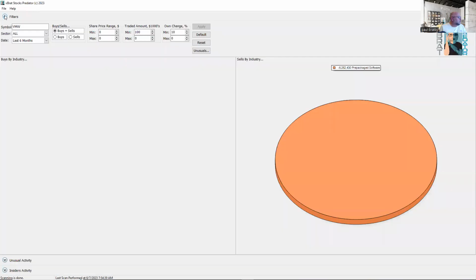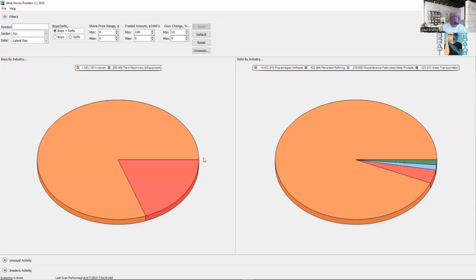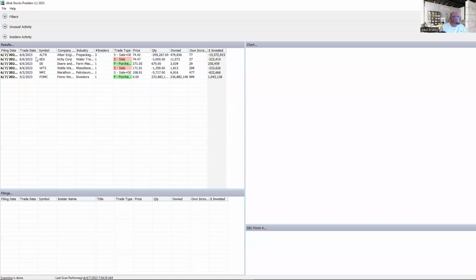So I'm just going to do one more scan. I'm going to take that off. I'm just going to do latest day, click apply. This is all that's happened today so far. These could have been done today. So this is the latest day of insider trades. Quite a few purchases on FOMC there.